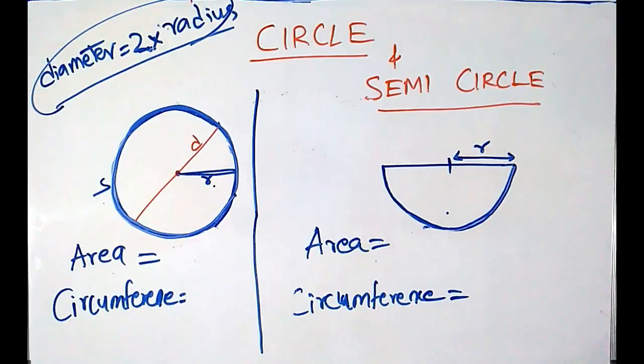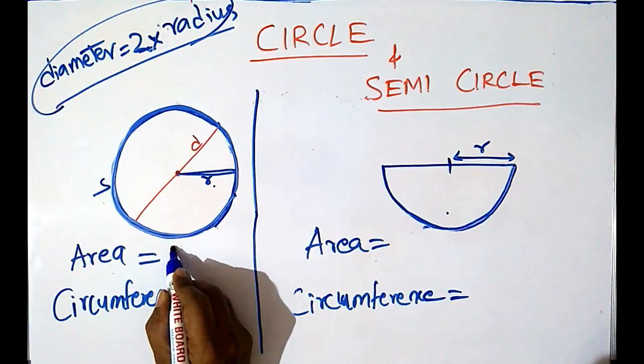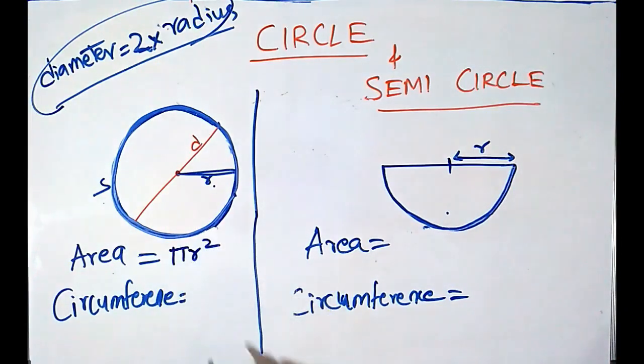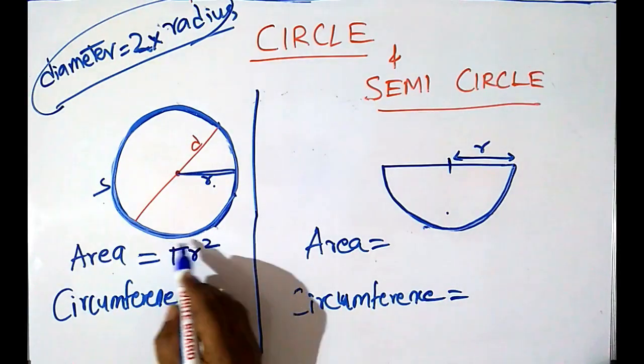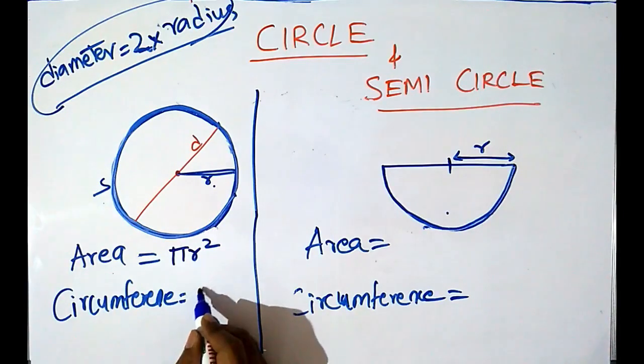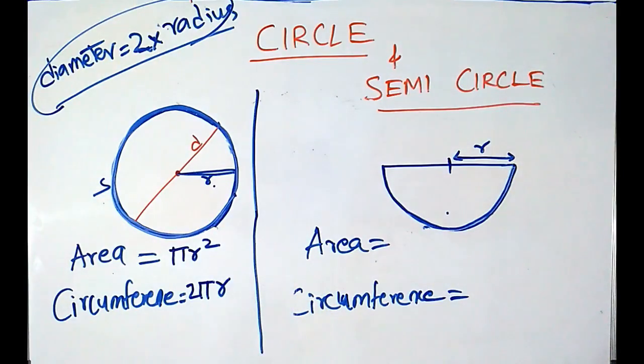Let us see circles and semicircles. If a circle is given by radius r, then the area of the circle is given by pi r square, and circumference, which is also known as perimeter, is given by 2 pi r.